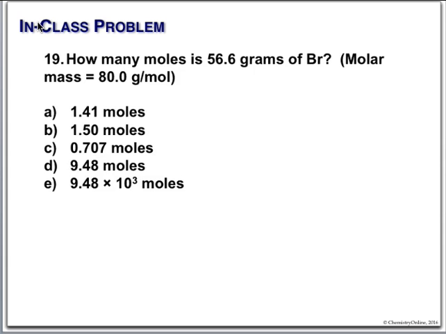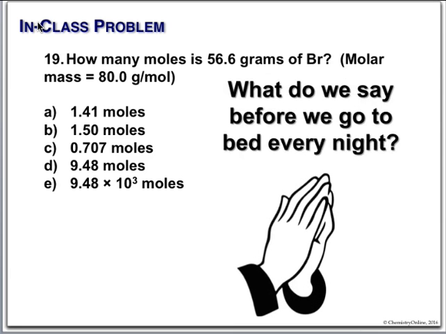All right, here we have 56.6 grams of bromine, and its molar mass is 80 grams per mole. How many moles is that? Remember when we did this in class, I told you that one of the things you should say every night before you go to bed is what?